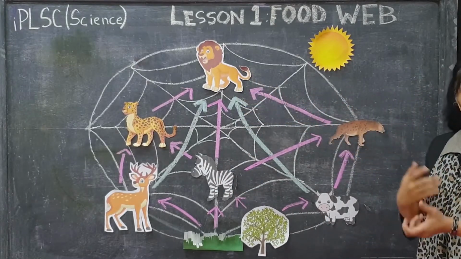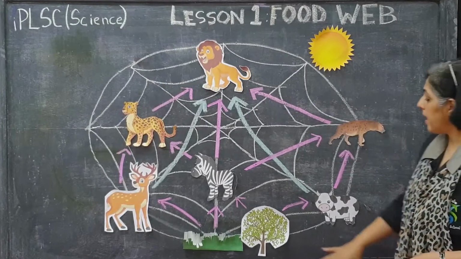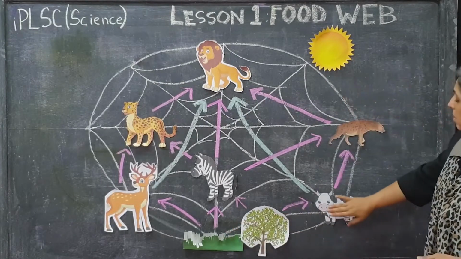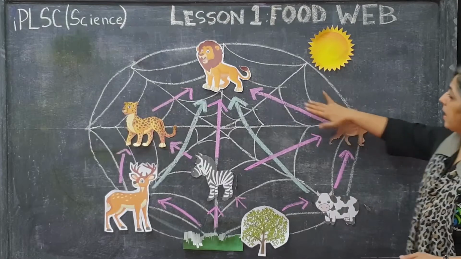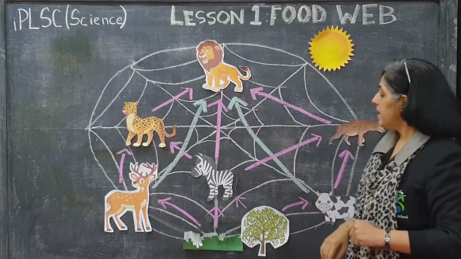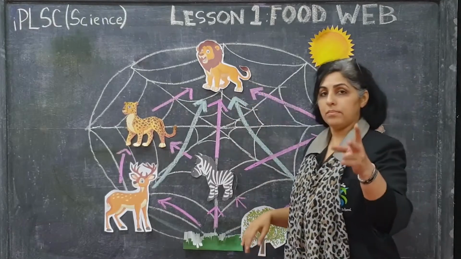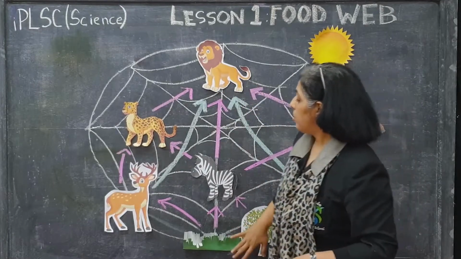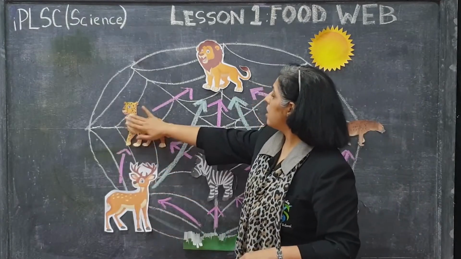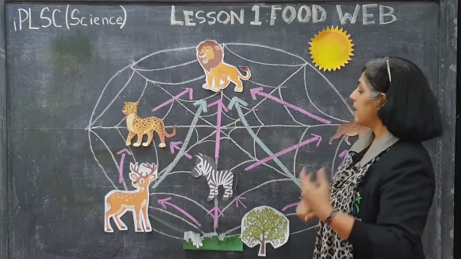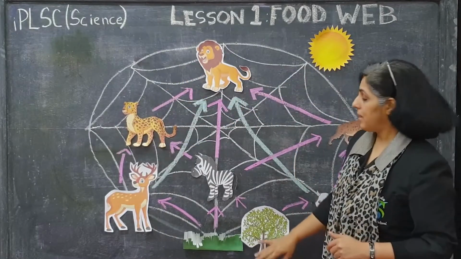So we are talking about a few food chains over here. One being producer, cow, hyena, lion. That's one. Second, producer, zebra, lion, right? Third, producer, deer, cheetah, lion, correct? Then again, take a look at this.